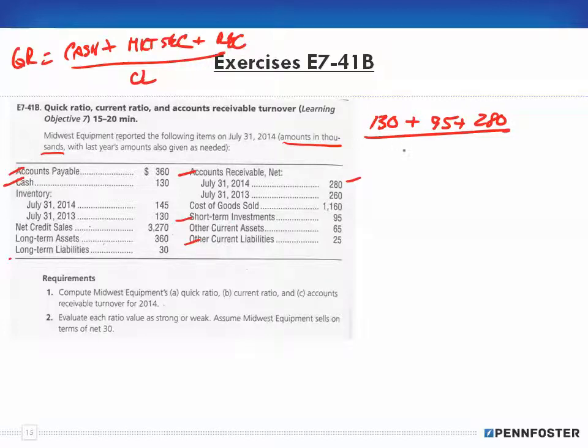We have accounts payable, which is 360, plus the other current liabilities of 25. Those are the figures we're going to use. So 130 plus 95 plus 280 is equal to 505, and that's over 385. Divided by 385, we end up with 1.31. So our quick ratio is 1.31.